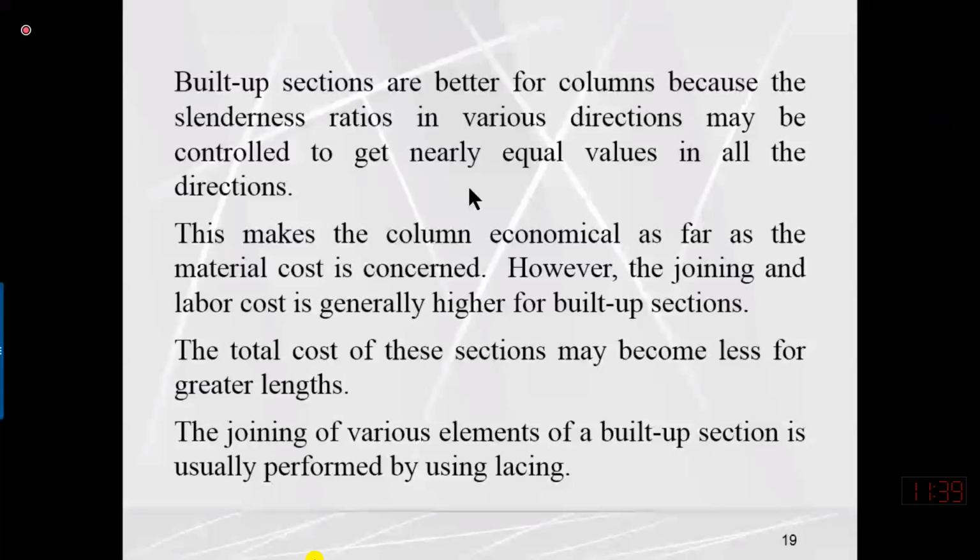Just like in a channel section, the moment of inertia about the x-axis is more than about the y-axis, or the radius of gyration about the x-axis is more than about the y-axis. By joining 2 channel sections into a built-up section, as you have seen in the previous example, we have enhanced the radius of gyration about the y-axis.